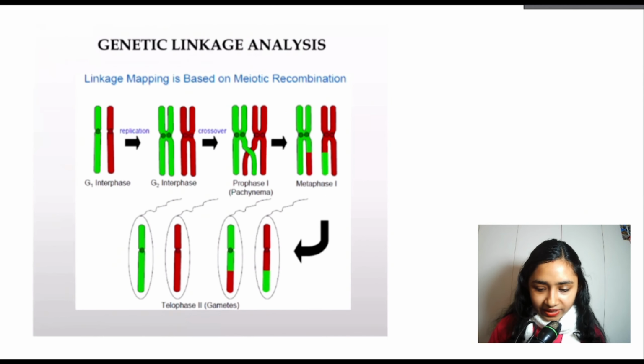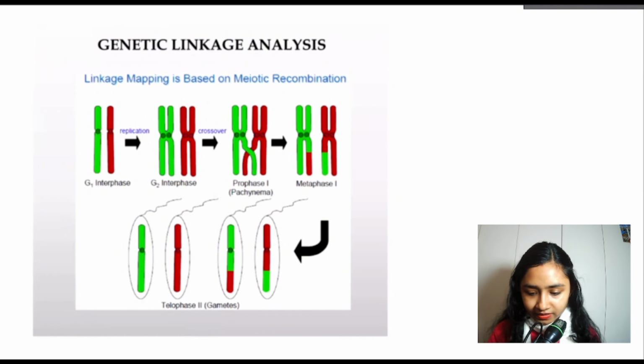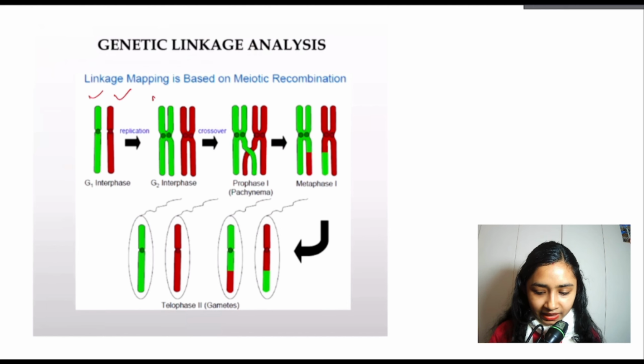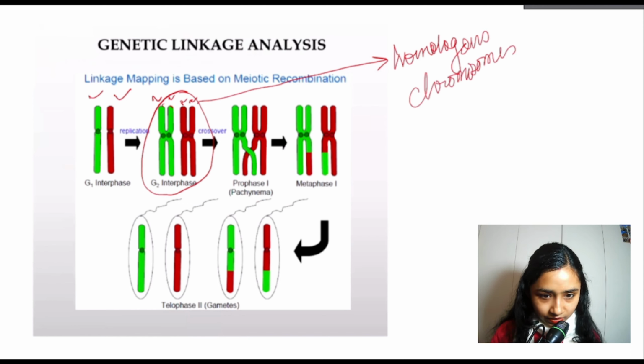Now this is the genetic linkage analysis. Here you can see in G1 interphase, these two are homologous chromosomes, and after replication these two are sister chromatids. Between the two homologous chromosomes, recombination happens during meiosis 1, prophase 1.